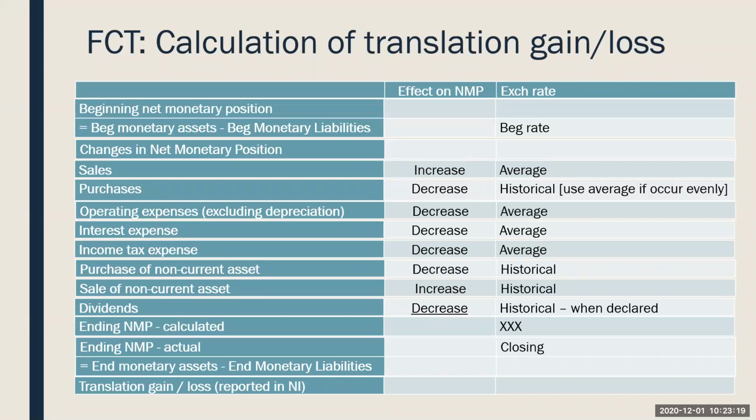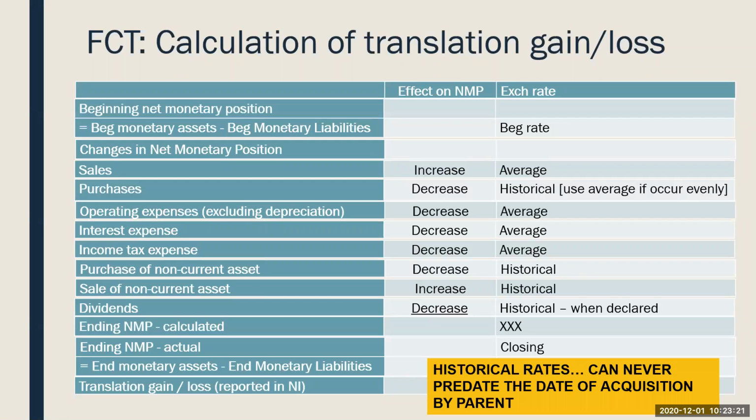Something that you want to keep in mind is that historical rates can never predate the date of acquisition by the parent company. So when we are using historical rates, and this is specifically applicable to the case of sale of non-current assets, you could have a non-current asset that had existed when the parent acquired the subsidiary.